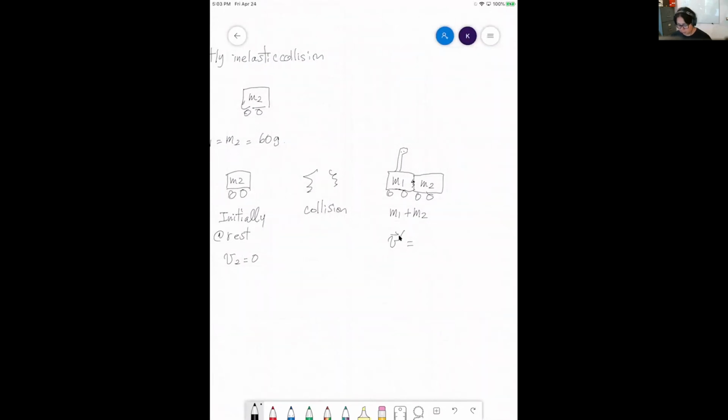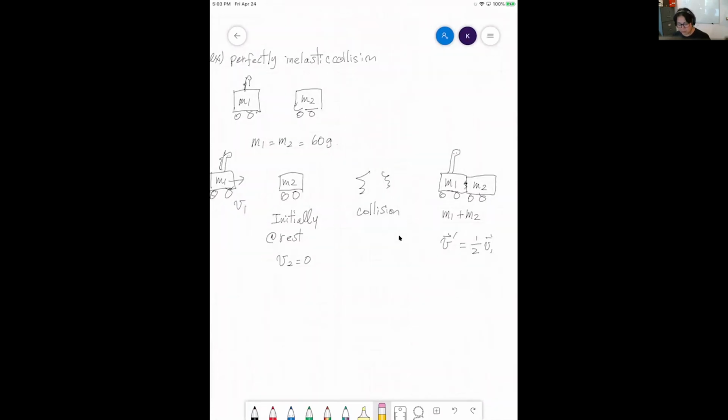Since the mass is twice as much, the velocity will be half of the initial velocity of the moving car. So after the collision, they move together at a lot slower speed, about half of the initial velocity. So that's the case for the perfectly inelastic collision.